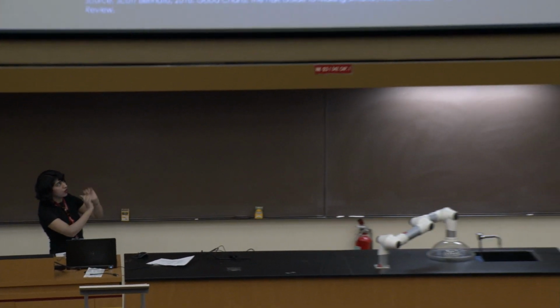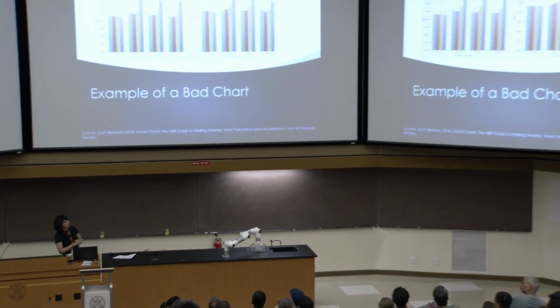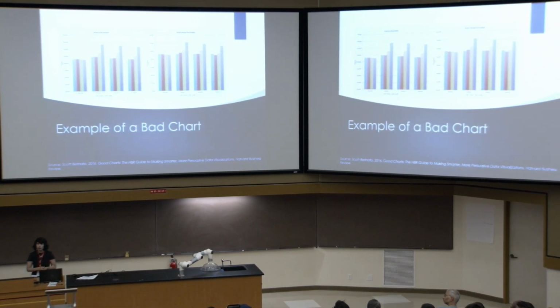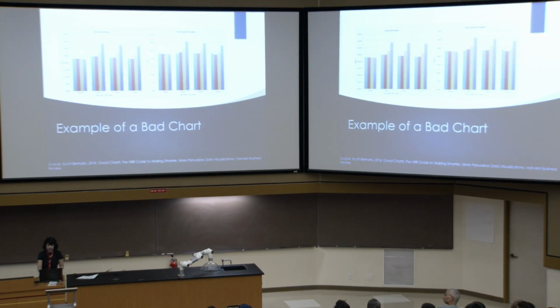I couldn't read it myself standing here. Then we also see that there are 4 different colors for each variable, and we just said that we don't want to do that. We also see that the 2 axes are not at the same scale. Maybe you can't see from the back, but they are not at the same scale. We always want to scale them at the same level.